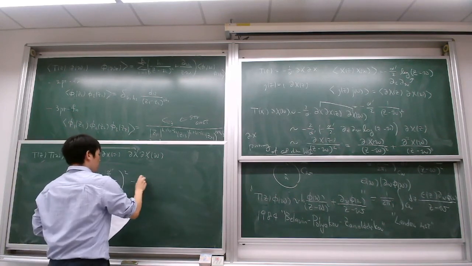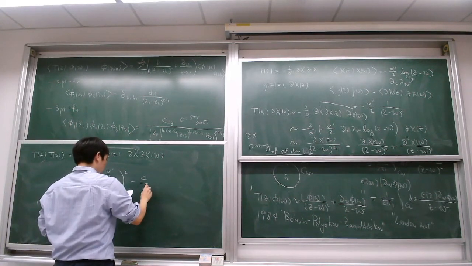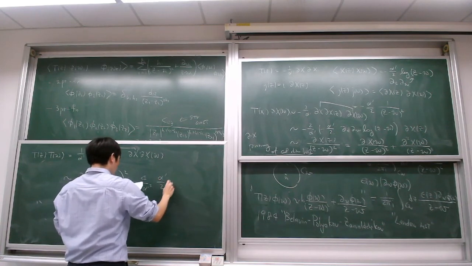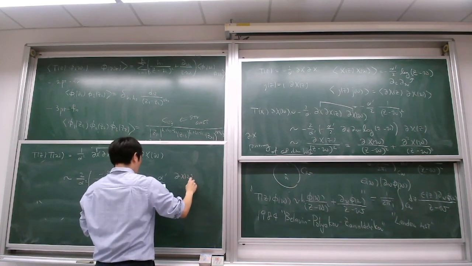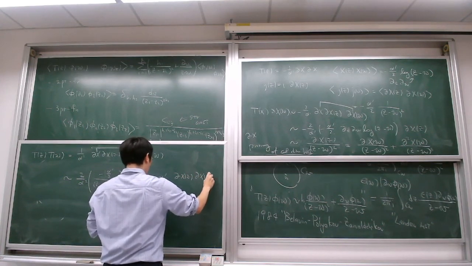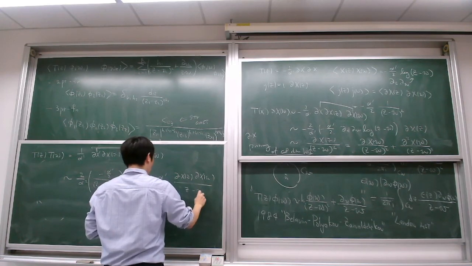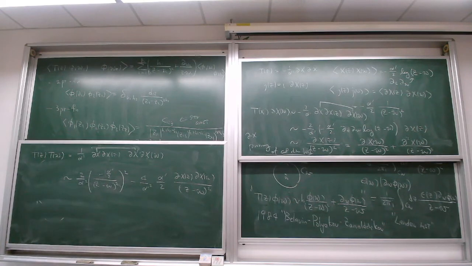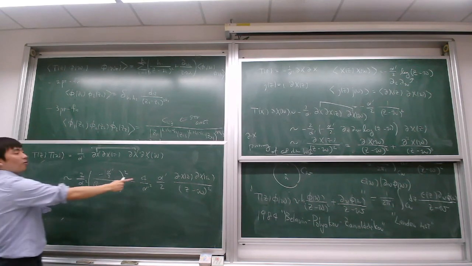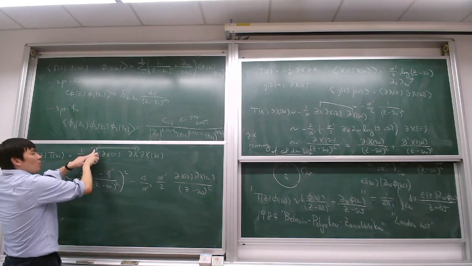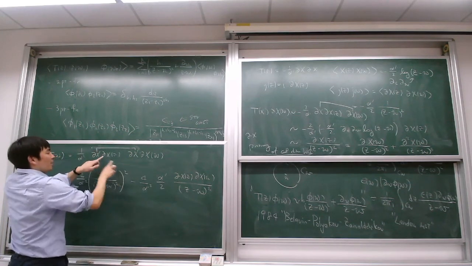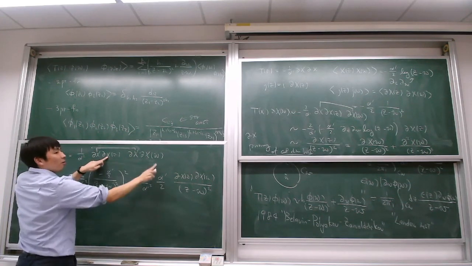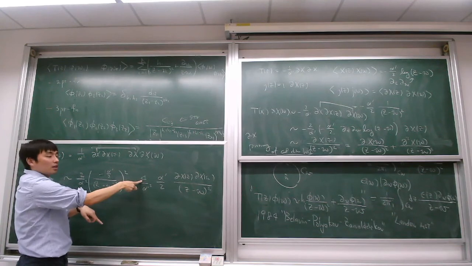Then this will give you 4 times alpha prime over 2, partial X(z) del X(w) over (z minus w) squared. The reason I get 4 is that there are 4 pairs: 1, 2, 3, and 4.